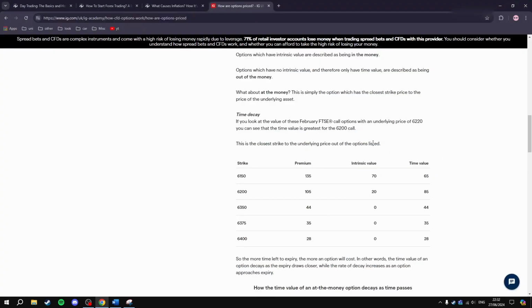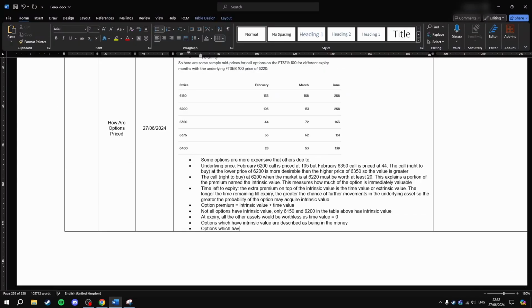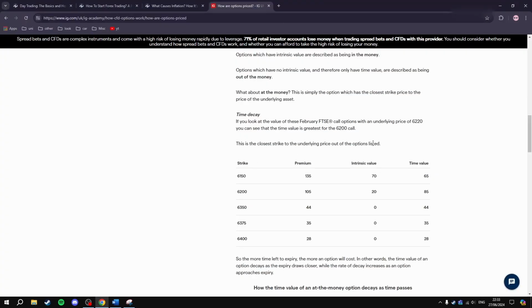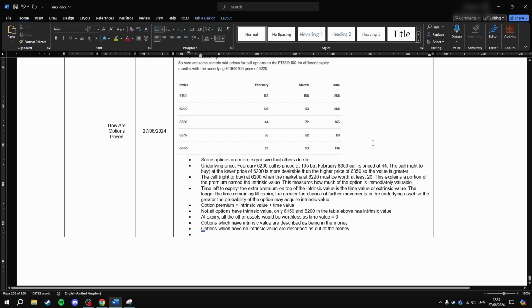Options which have no intrinsic value, and therefore only have time value, are described as being out of the money.